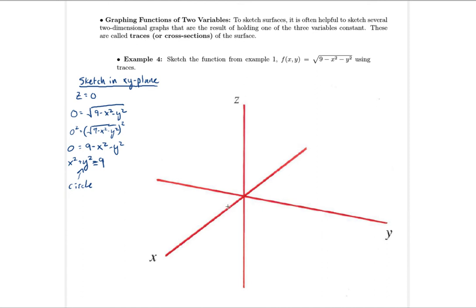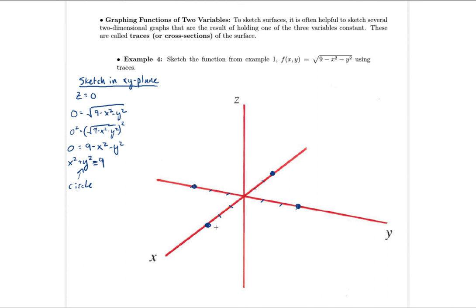So I'm going to go 1, 2, 3, on each axis. And I think I want to space these out a little better. 1, 2, 3. There we go. All right, so circle of radius 3, these are the places that I need to be crossing.